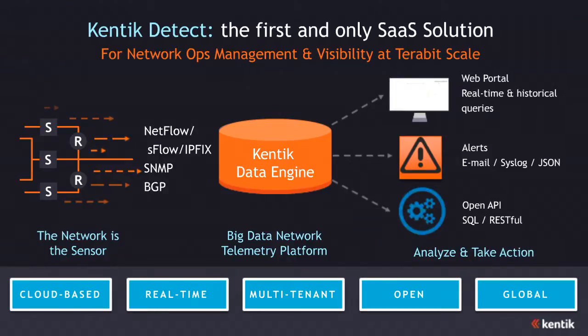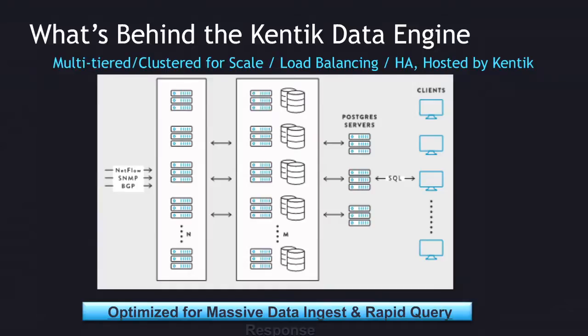So the back end really is a true multi-tiered clustered backend. It's clustered for easy scale, as well as handling load balancing, so we never drop any data on the way in. And we can also handle lots of live active requests against the back end.